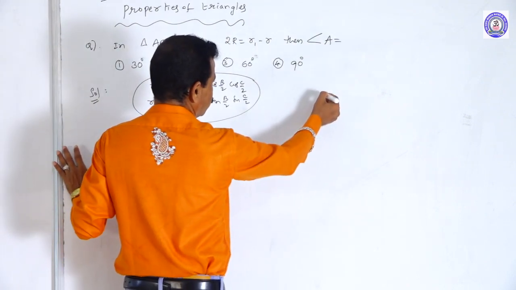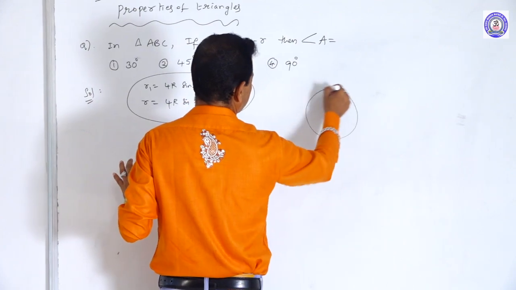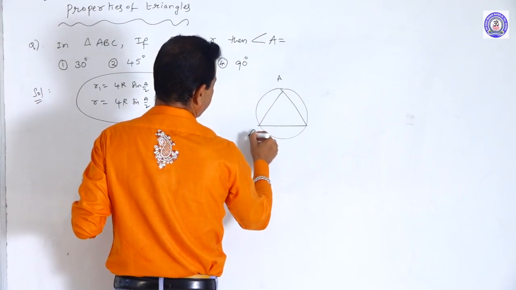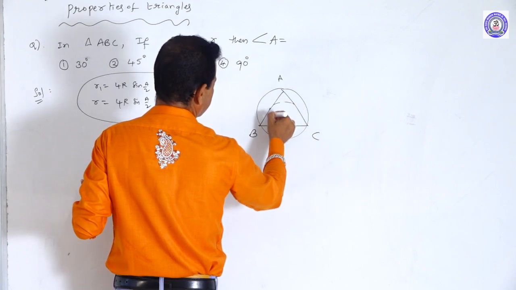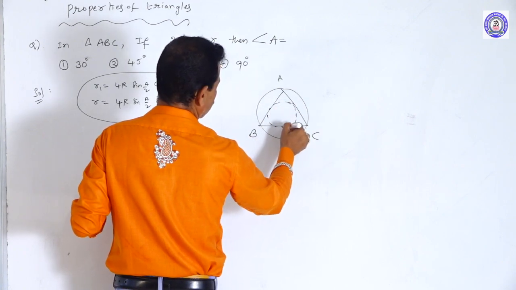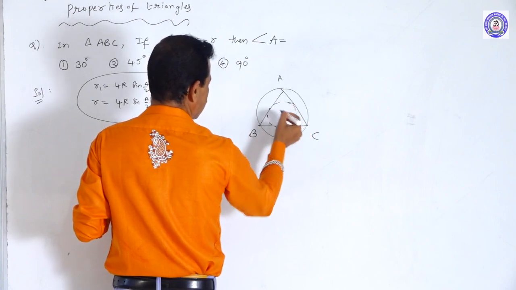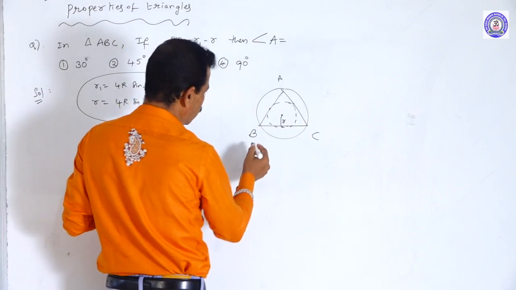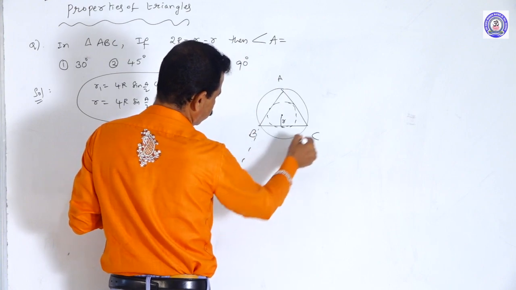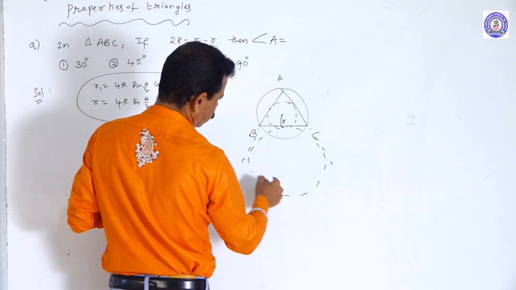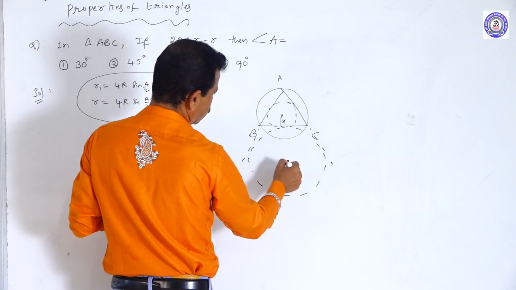How is it? This is the triangle A, B, C. In this one, the incircle radius is R. This is the incenter.